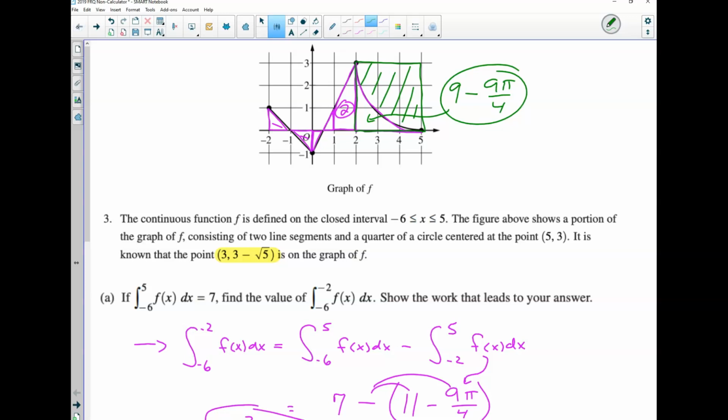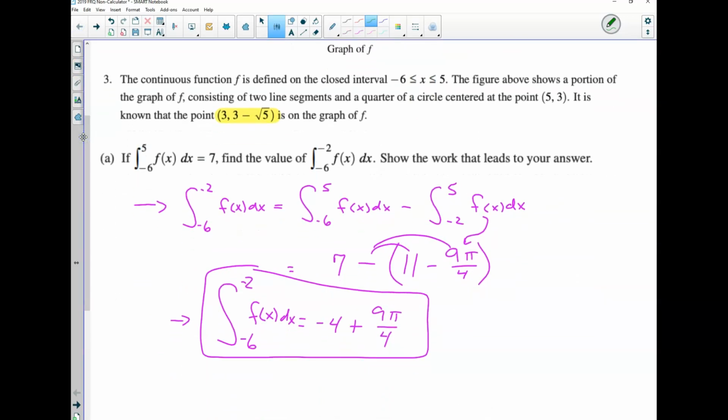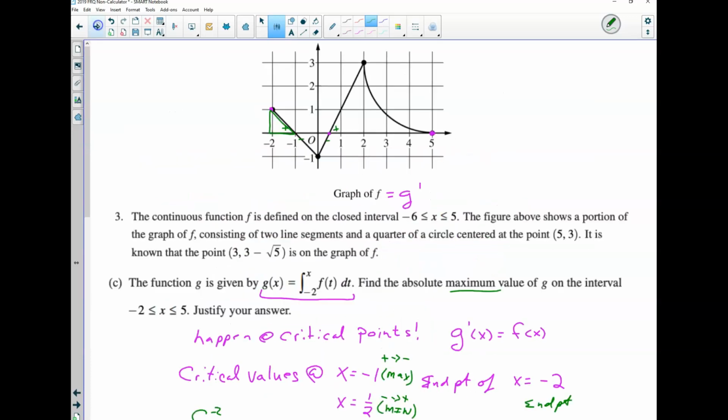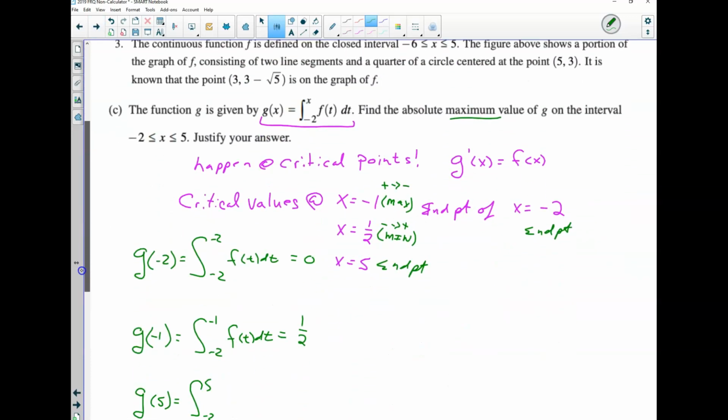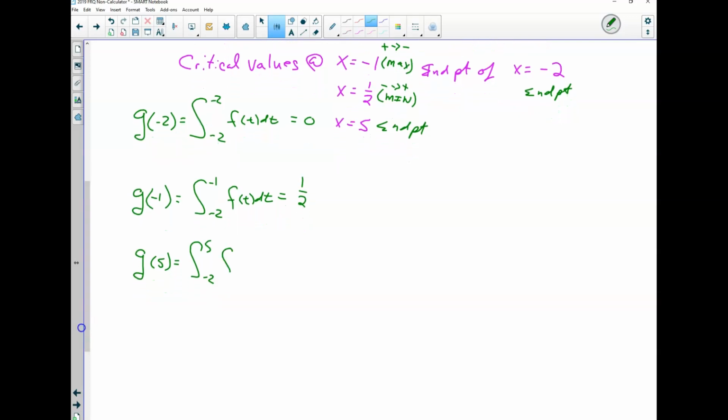It was 11 minus 9 pi over 4, right? So then I'm going to come back here, because I already found that before, of f of t dt equals 11 minus 9 pi over 4. Which one is your largest value?